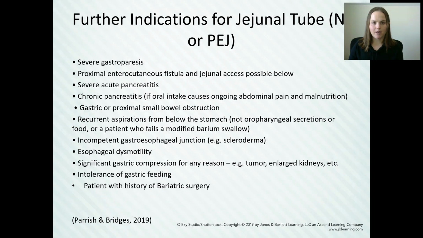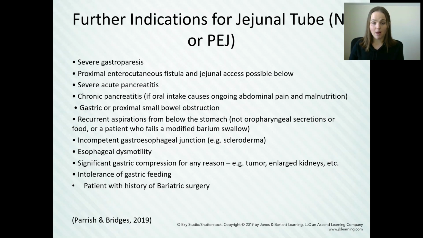So we already talked about gastroparesis. If a patient has a proximal fistula, you might be able to get J-tube access below the fistula, and that could be a great way to feed the patient instead of using TPN. NJ tubes are often used for really severe cases of pancreatitis or chronic pancreatitis if the patient has issues of malabsorption or malnutrition.